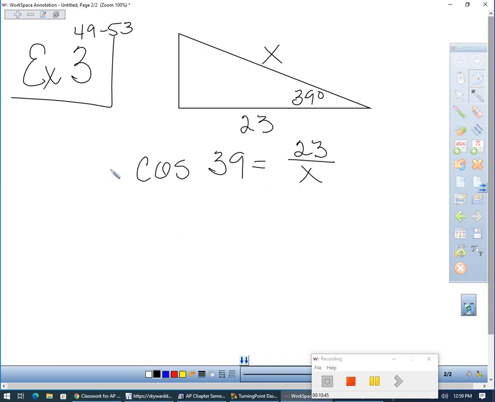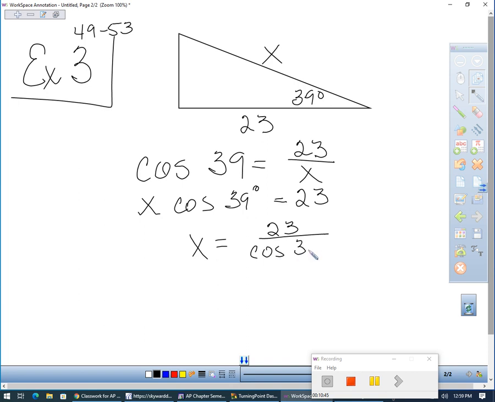We multiplied by x, so we had x cosine 39 degrees equals 23. Then what did we do? Divided. Very good. So x equals 23 over cosine 39 degrees. And you type that in your calculator. So x equals 29.5.